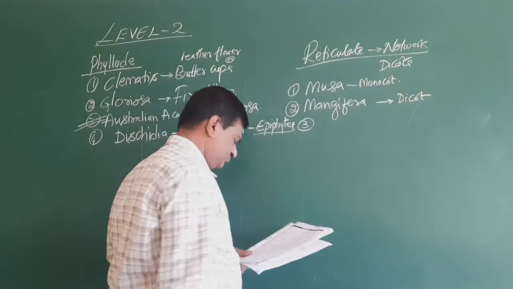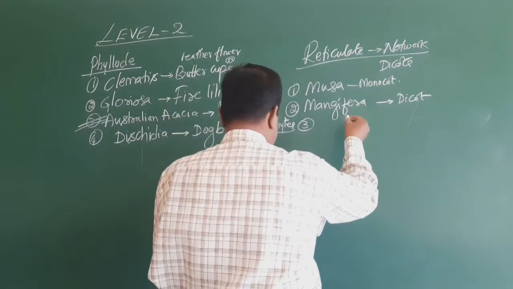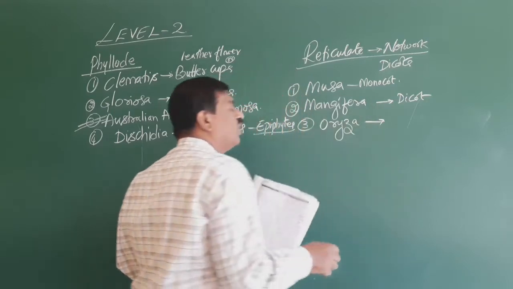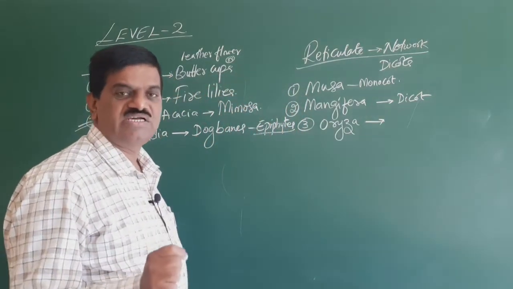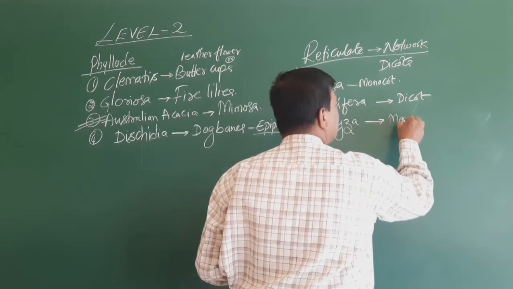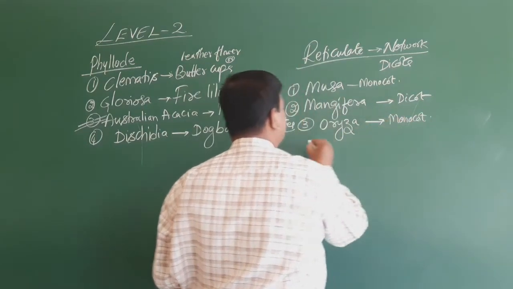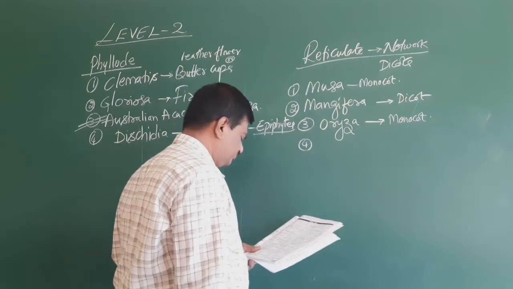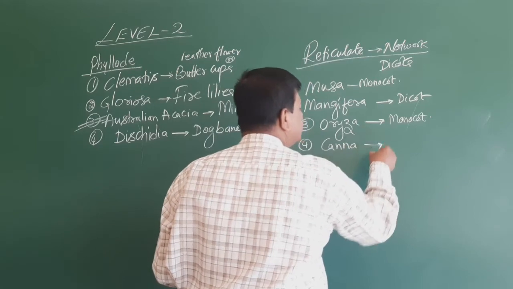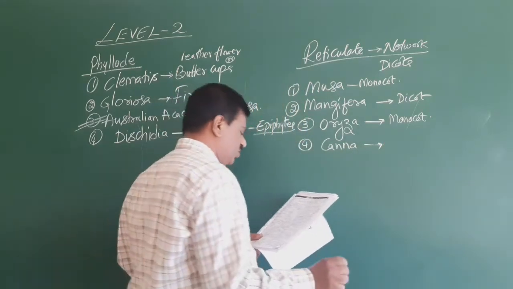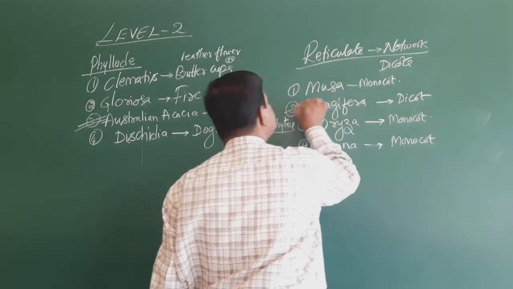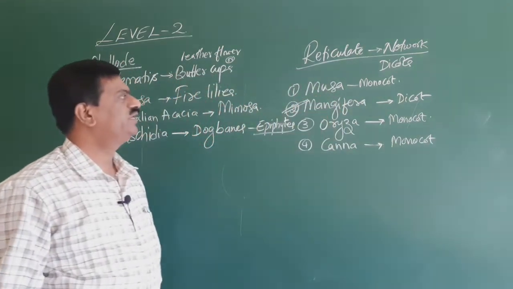Third option is Oryza sativa. Oryza sativa is rice, again a monocot. And the fourth one is canna. Canna is also a monocot. So here the right option is Mangifera indica, a dicot.